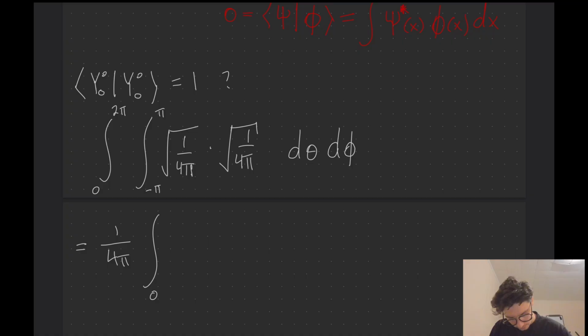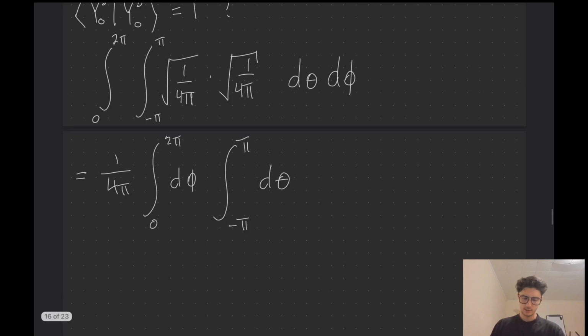Now we have 0, 2 pi here. And these integrals we could actually do by themselves, I think. So this one combines with the d phi, and this one, negative pi to pi, goes with the d theta. Okay, so d theta, let's check what's happening here.